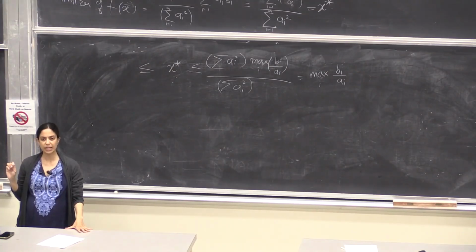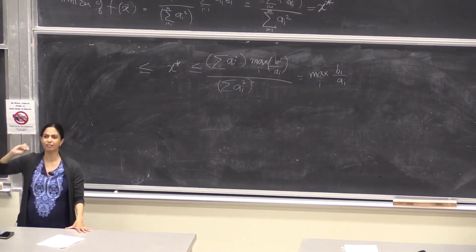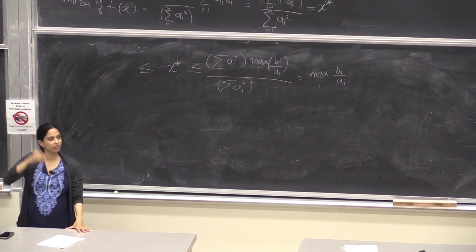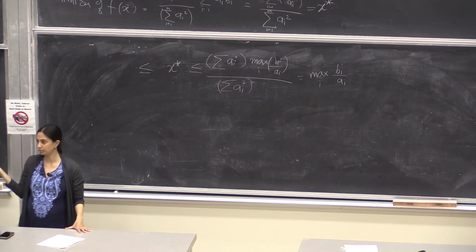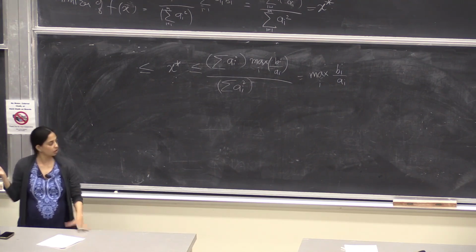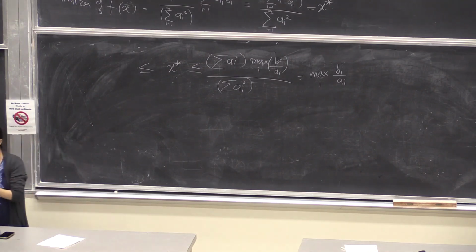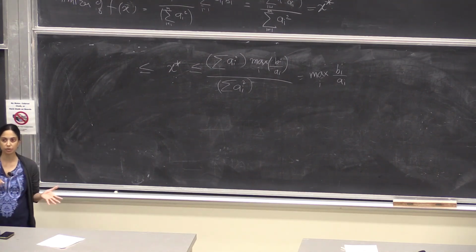So this is basically saying, look at all of your f_i(x)'s, look at all the component functions, look at all of their minimizers, and find the largest of those. Does that make sense to everyone? Alternatively, instead of bounding it by the max, is there a similar thing I can do for a lower bound?